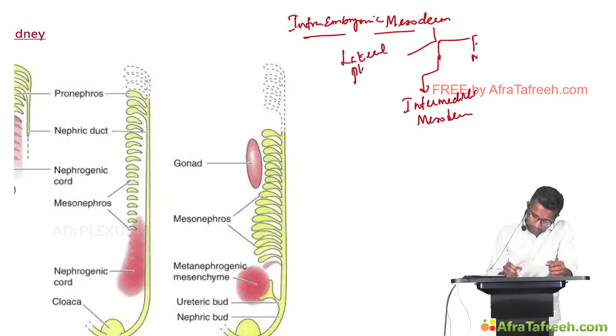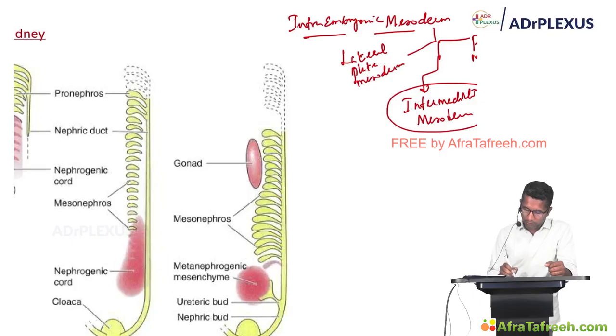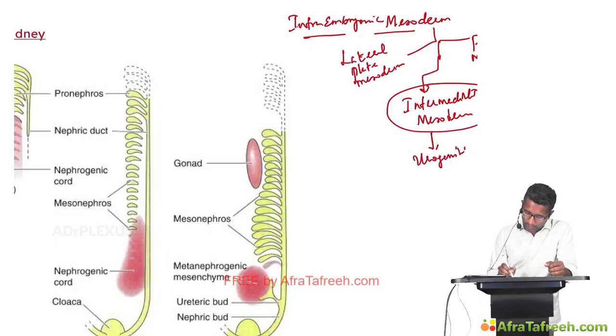It is this intermediate mesoderm which gives rise to the urogenital system.